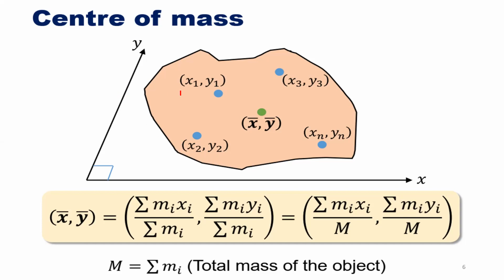Say, for example, x1, y1. I must take the mass at this particular point, multiply by x1, plus the mass multiplied by x2, plus the mass multiplied by x3, up to xn.